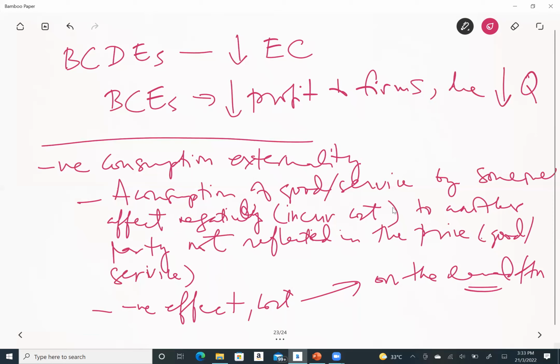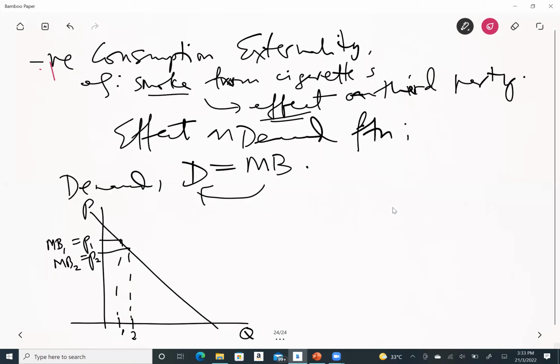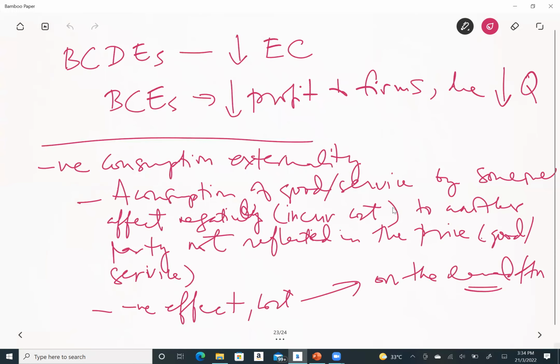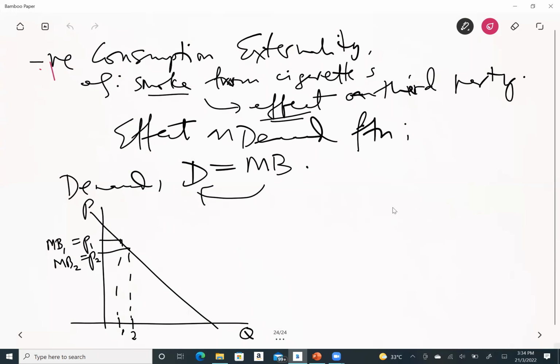If it is consumption, the effect is on the demand function. We already started a little bit there. The demand function is the marginal benefit function.